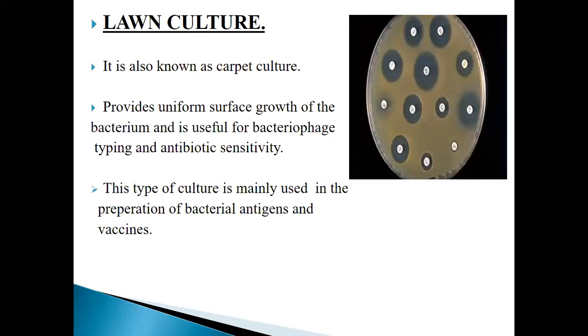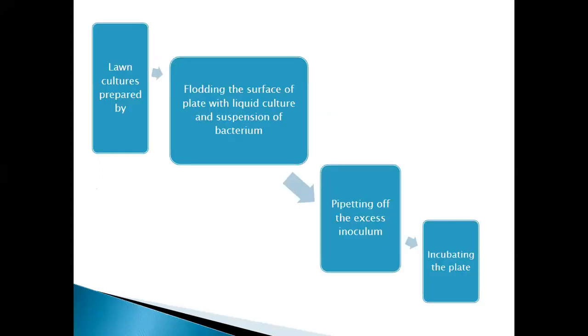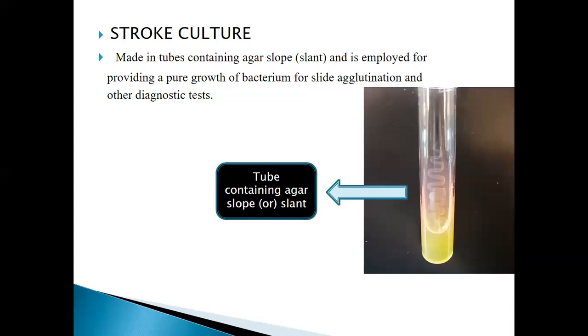Lawn culture, also called the carpet method, provides uniform surface growth of the bacterium and is also used for antibiotic sensitivity. This is for lawn culture. Then this is a stroke culture.